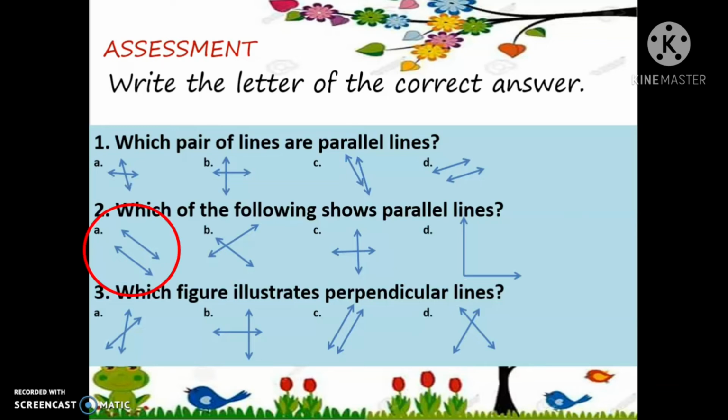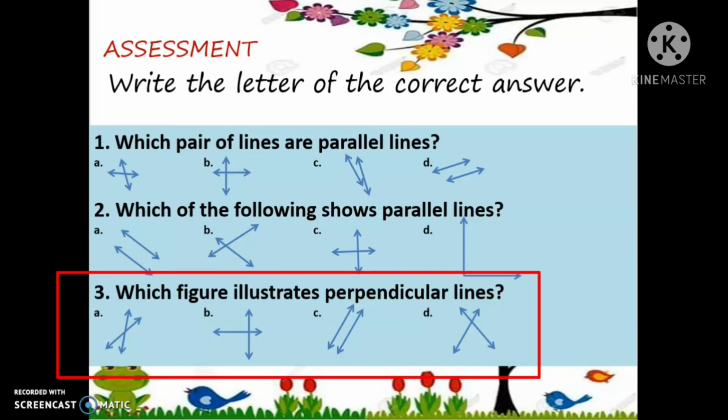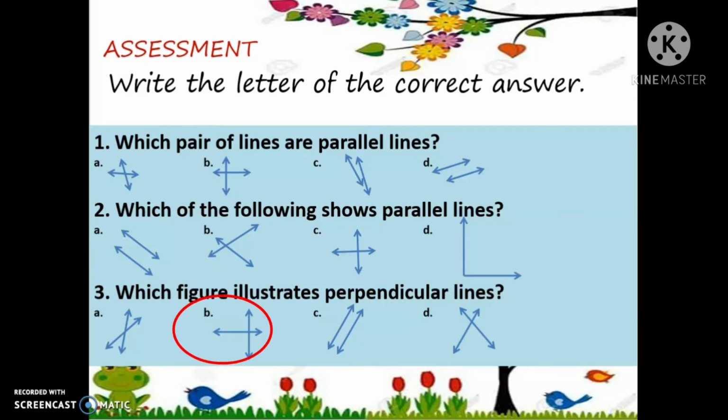Correct. Number 3, which figure illustrates perpendicular lines? Letter A, letter B, letter C, or letter D? The answer is letter D. Correct.